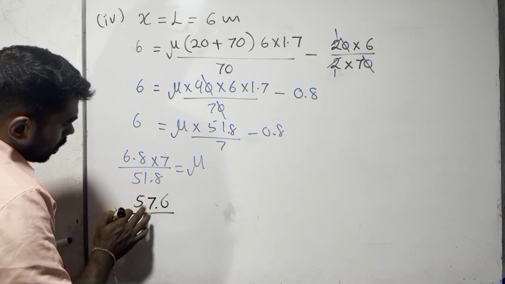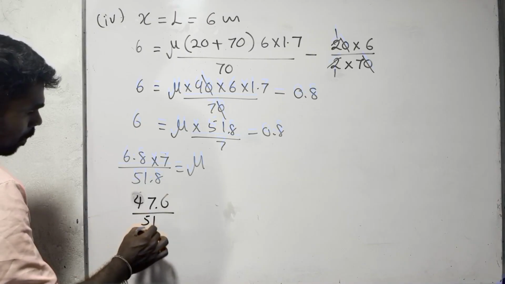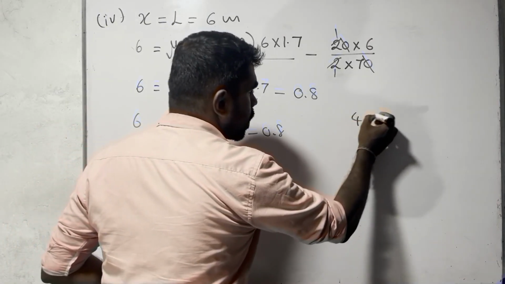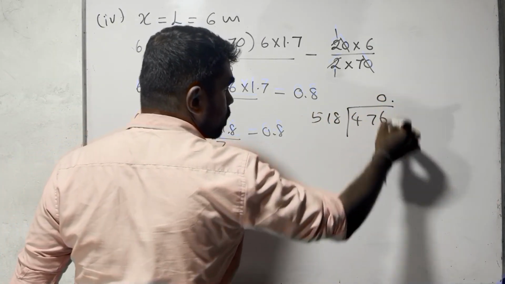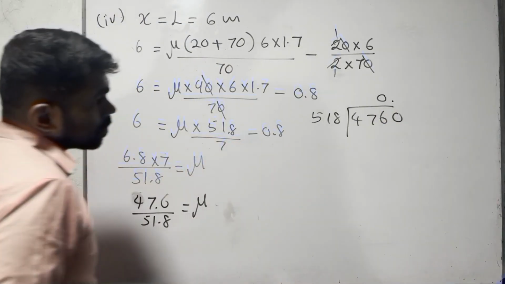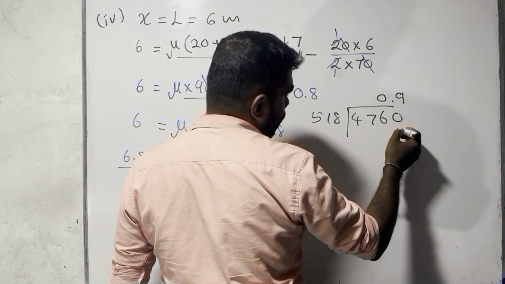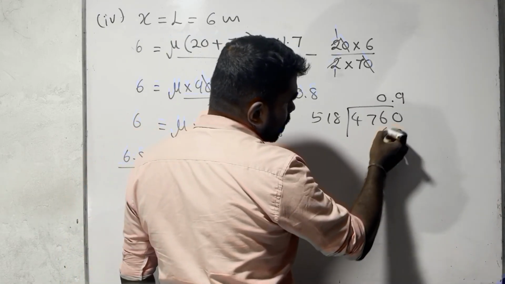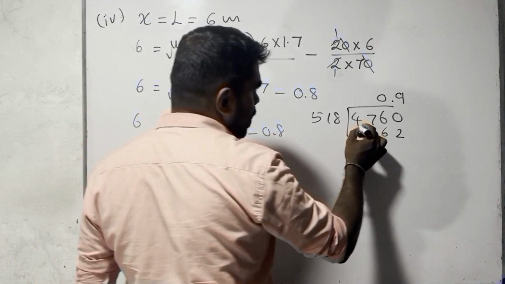One decimal place. 47 divided by 51.8. 476 divided by 518. 0. It should be 9. 9 into 8, 72. 7 remaining. 9 into 1, 9 plus 7, 16. 1 remaining. 9 into 5, 45. 45 plus 1, 46.